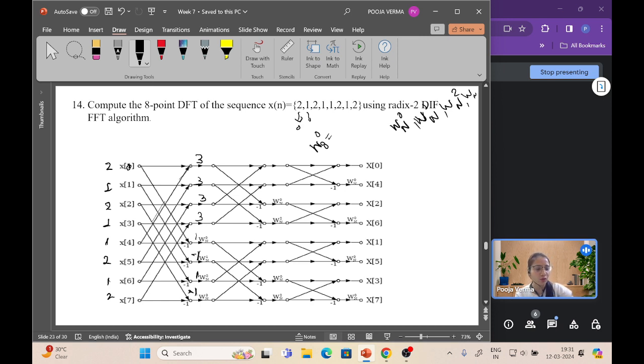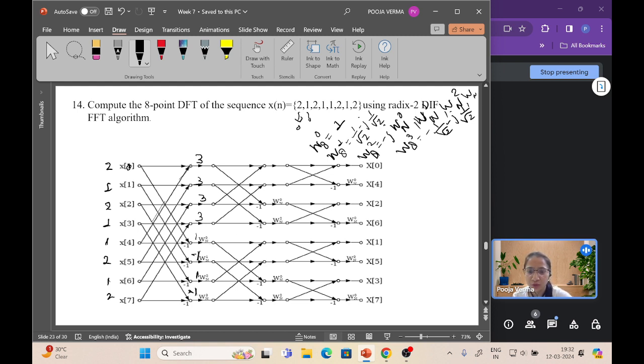W80 is 1. W81 is 1 by root 2 minus j 1 by root 2, right? W82 is minus j, and W83 is minus 1 by root 2 minus j 1 by root 2. Okay, so W80 is 1.